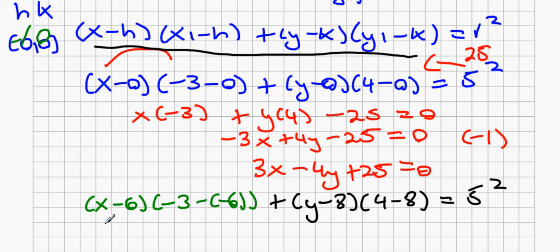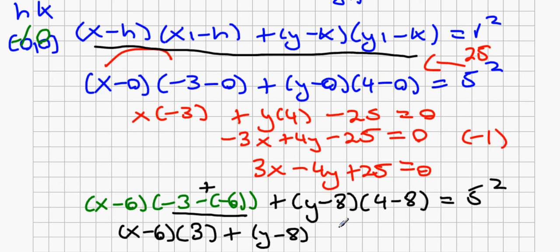So we would have had to tidy this up a little. So it would have been x minus 6 multiplied by minus 3. That's going to end up being plus 6. So it's going to be, just put it into the calculator here, and you would have got minus 3 plus 6 gives you plus 3. And then you would have had y minus 8 equals minus 4 here. Then bring over this, and it'll be minus 25 equals 0.